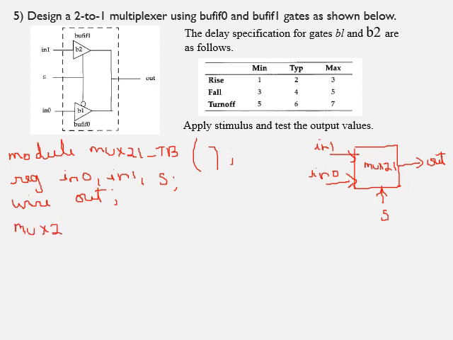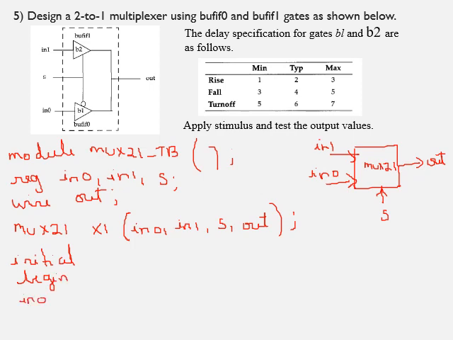Now next is instantiating the 2:1 multiplexer. I will instantiate by order. So mux21, say x1 is the name of the instance. The order there is in0, in1, S and out. So I'll take the same order. Then applying the stimulus, we just have to apply some value to in1 and in0.